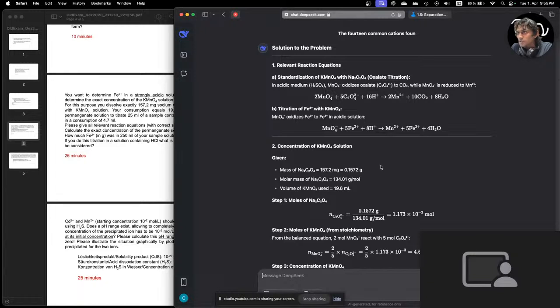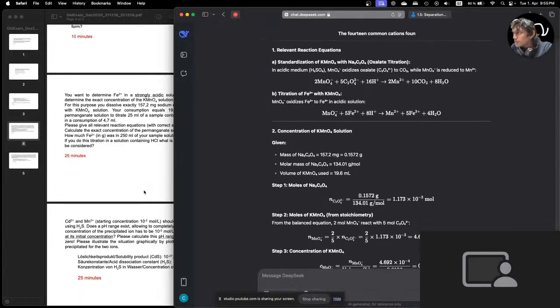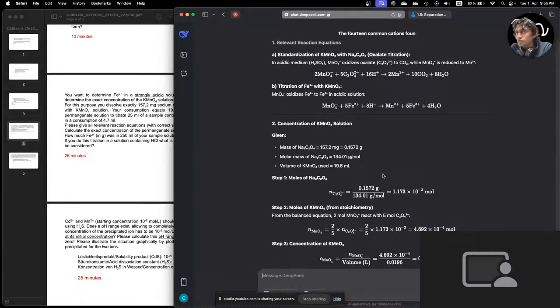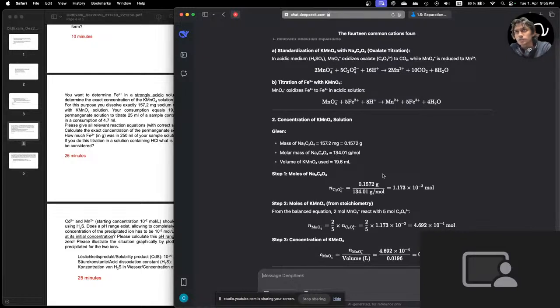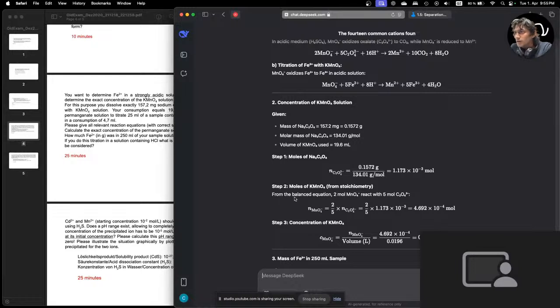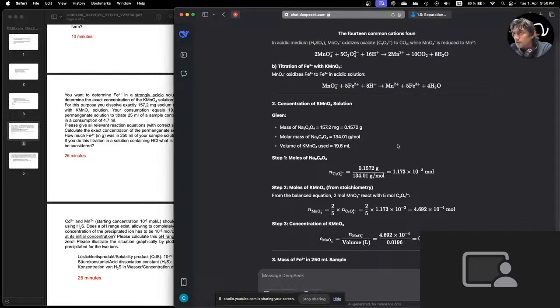So mass concentration given molar mass, volume. Step one, moles of sodium oxalate.